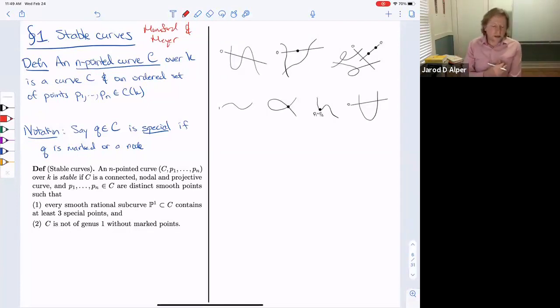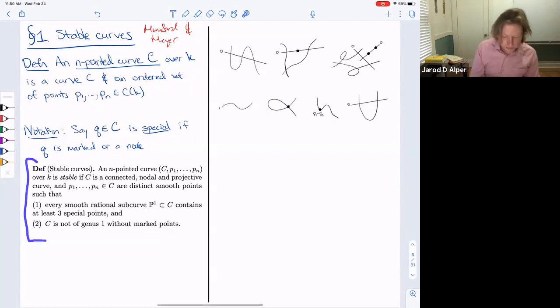I think there were some hints that this was a good notion coming from topology and other settings. I think even to Mumford and Deligne, it wasn't clear whether this was the right notion in positive characteristic, but after their seminal paper, I think we take it for granted now that stable curves are the right notion and that they form a nice proper algebraic stack.